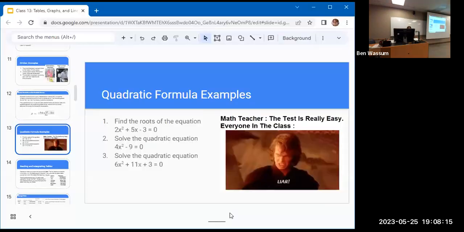We have just one more. So we have 6x squared plus 11x plus 3.